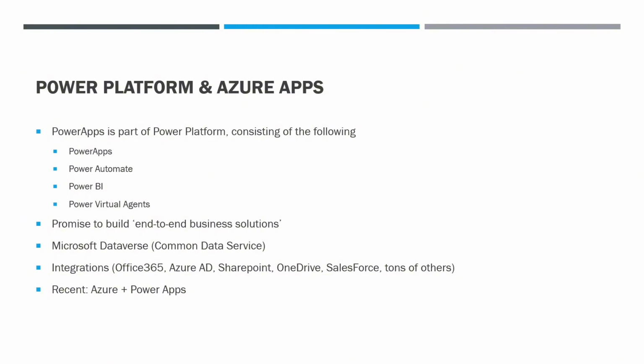Okay. And recently, Microsoft has moved positions and have now started merging Power Apps with Azure. So now they are saying Azure plus Power Apps, and they are adding more Azure functions and Azure logic functions with Power Apps to create different types of applications as well.